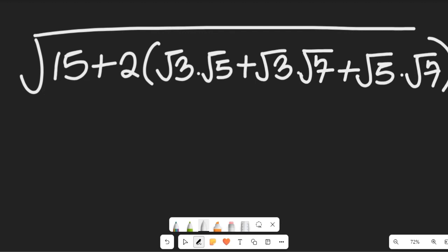Now I want you to flash your mind back to an algebraic expression. Remember I said we're going to use an algebraic expression in solving this question.